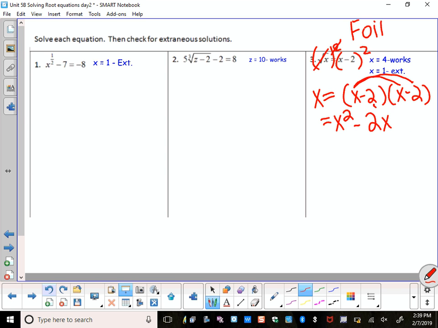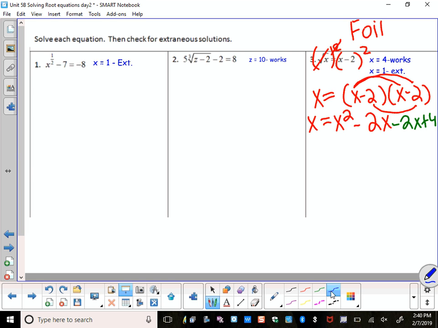Isn't it x squared minus 2x minus 2x plus 4? Yes. Thank you. So I did first, outer, inner, and then last.